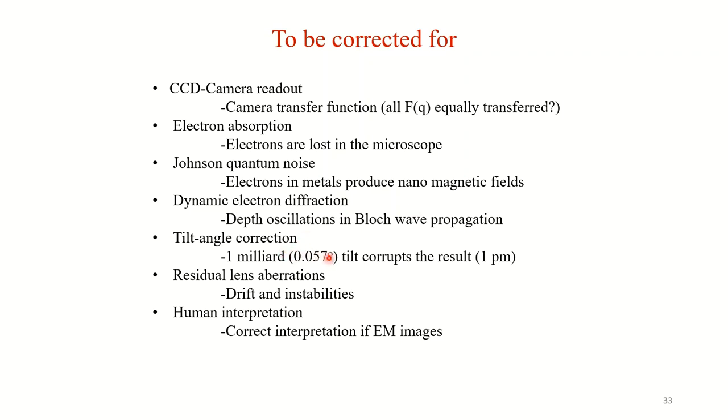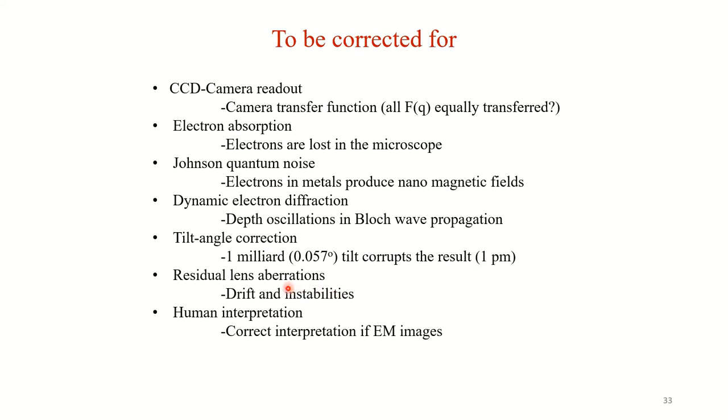If your sample is tilted with respect to the beam by even 1 milliradian, then you have an error in your image of 1 picometer. So your image is distorted, it's not a correct image of what you are seeing. For 1 milliradian of tilt angle, you have 1 picometer of corruption in the result.